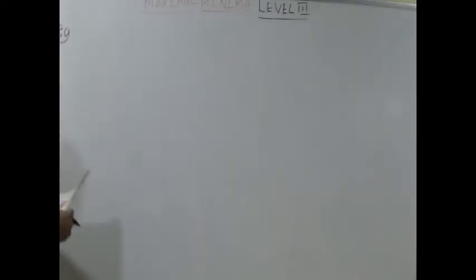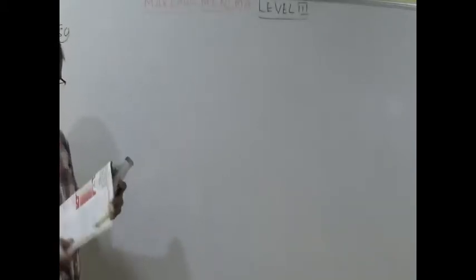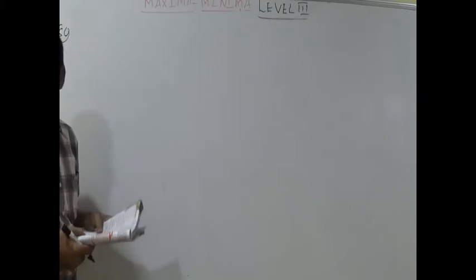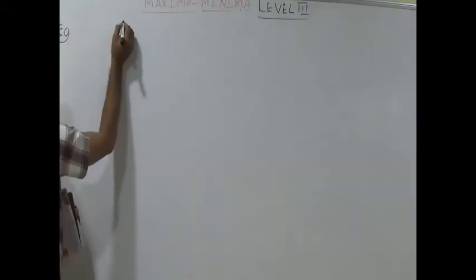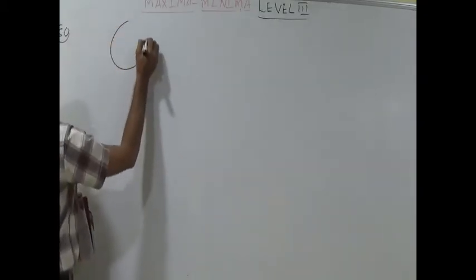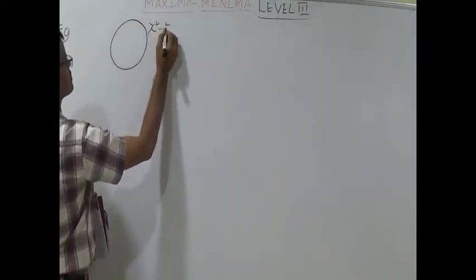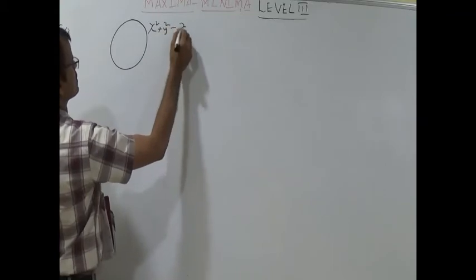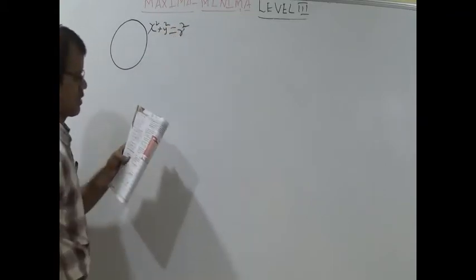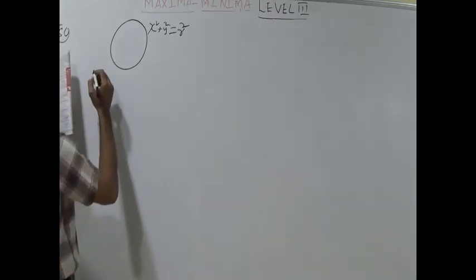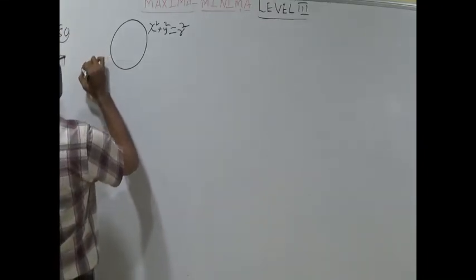For the circle given as x square plus y square equals r square, find the value of r for which the area enclosed by the tangents drawn from the point P(6, 8).